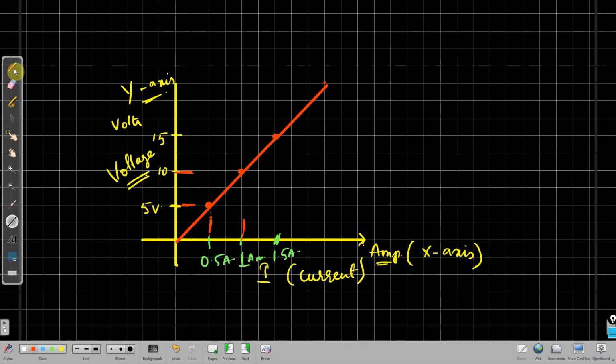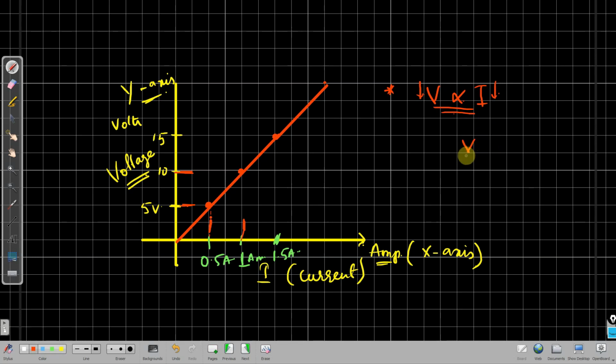Okay. So this was all the concept of Ohm's law. We have learned that if the voltage is increased, current will also increase, right? If the voltage is decreased, current will also decrease. We have learned that V and I are directly proportional to each other. If you want to remove the proportionality, if you want to equate and get the equation, you need to add a proportionality constant.